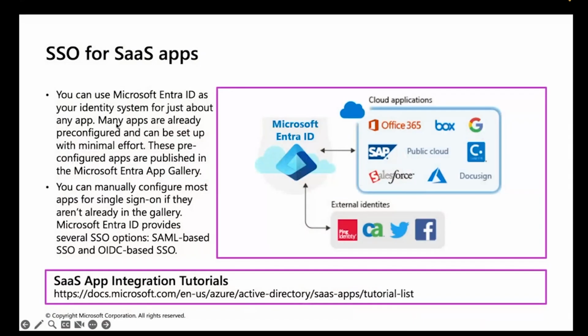It doesn't matter whether you use on-prem applications or third-party applications. Many applications are already pre-configured and can be set up with minimal effort. These pre-configured applications are published in the Microsoft Entra App Gallery.